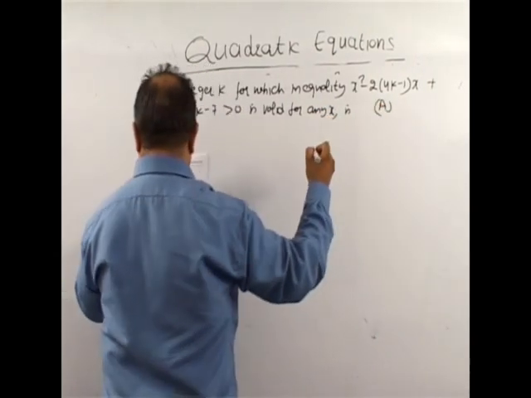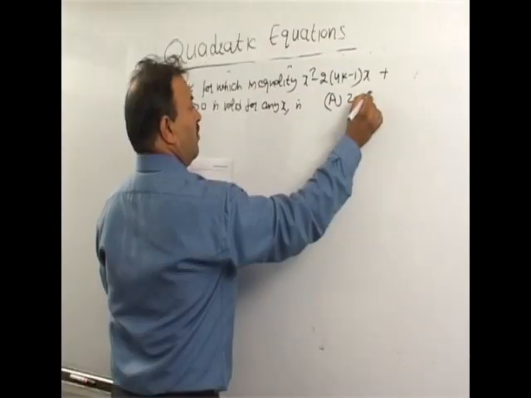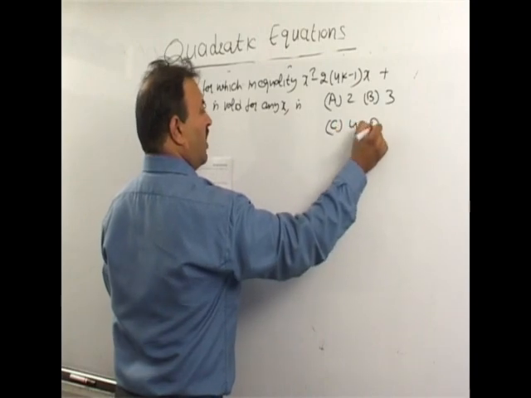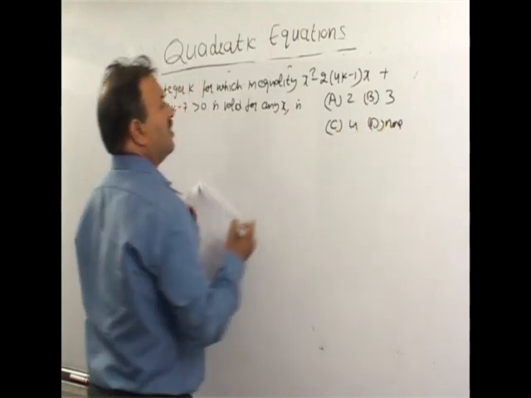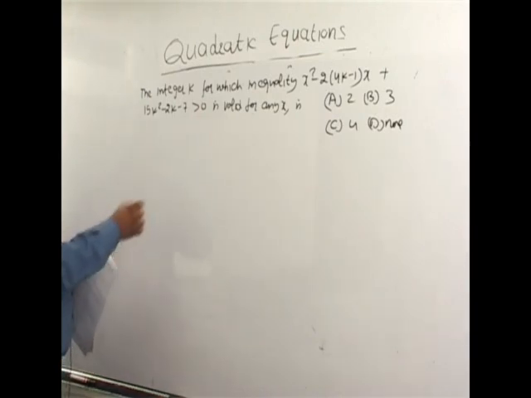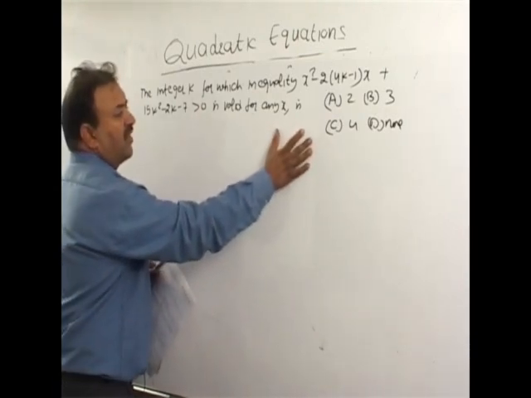A option is 2, B option is 3, C option is 4, and the D option is none of these. It is quite similar to the questions we have done, but here we have to write down the result in a little different manner.